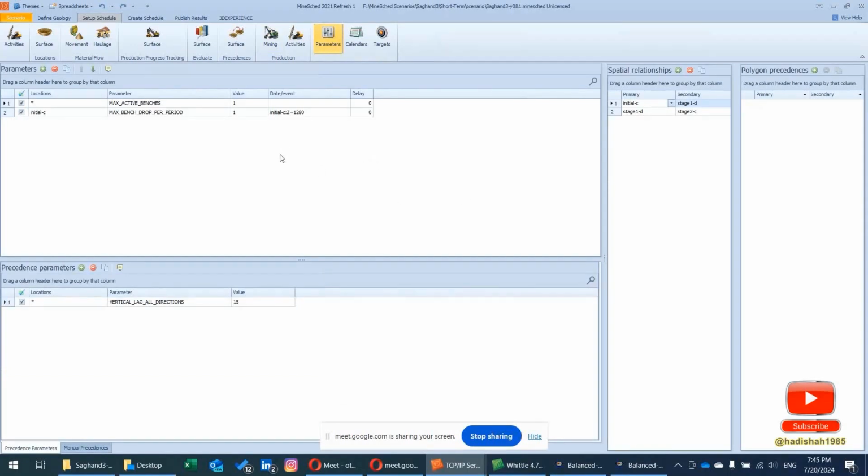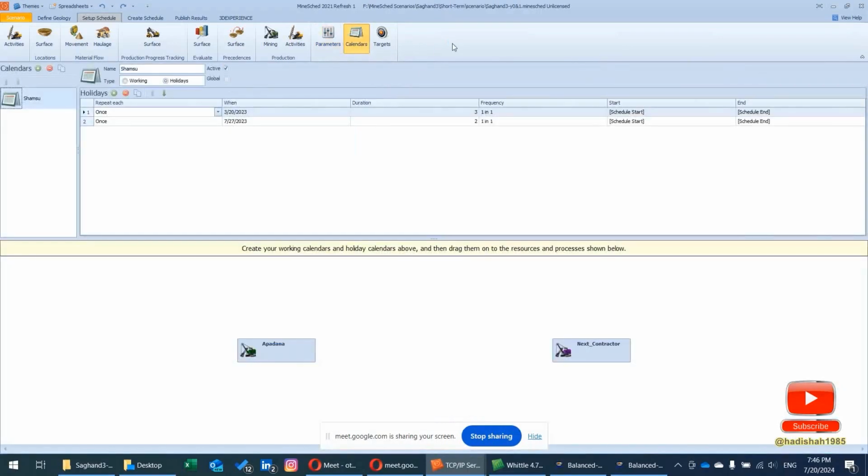These parameters are mostly acting as limitations to the algorithm that this package is working based on, such as this parameter that is saying that two adjacent benches must have a 50 meter lag between them when they are advancing, and the two benches cannot advance without this 50-meter lag between them.